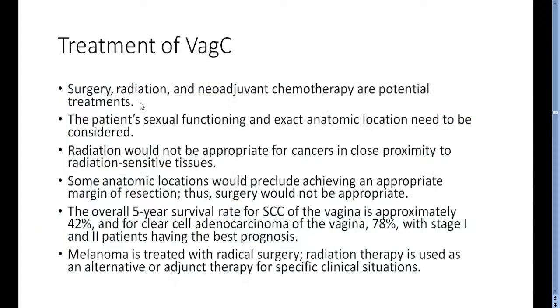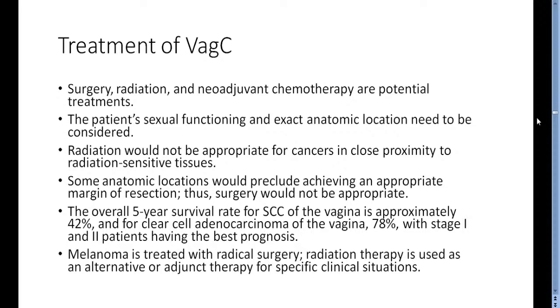Treatment is usually surgery, radiation, and neoadjuvant chemotherapy. The patient's sexual functioning and exact anatomical location need to be considered. Radiation would not be appropriate for cancers in close proximity to radiation-sensitive tissues. Some anatomical locations would preclude achieving an appropriate margin of resection, so surgery would not be appropriate.